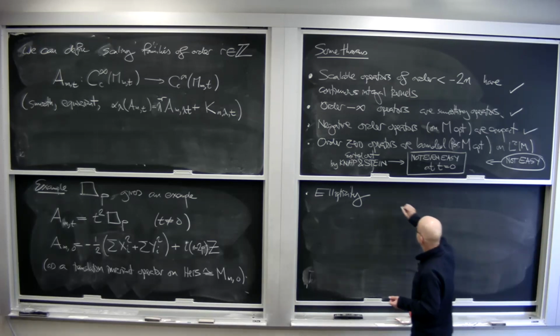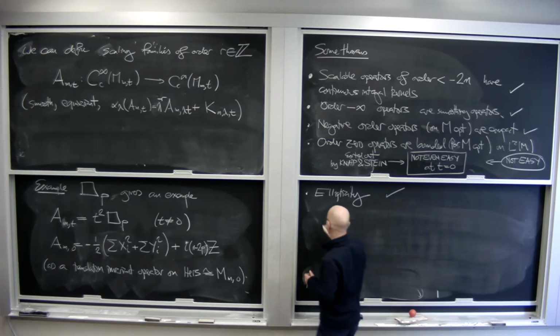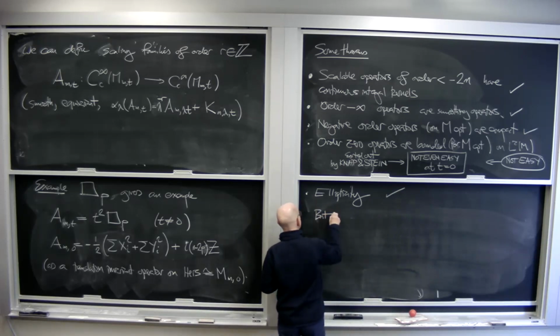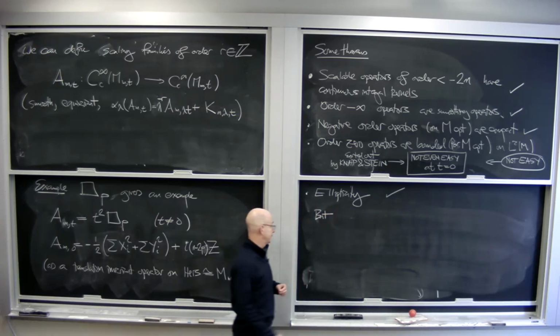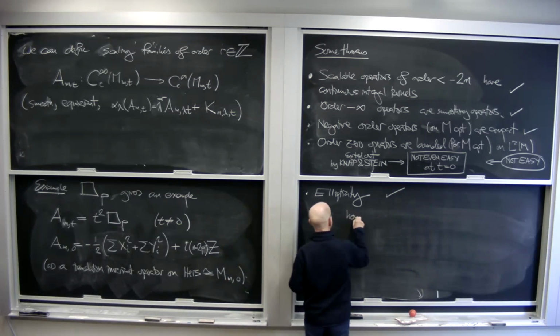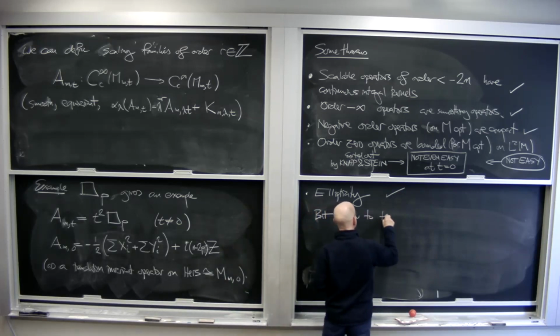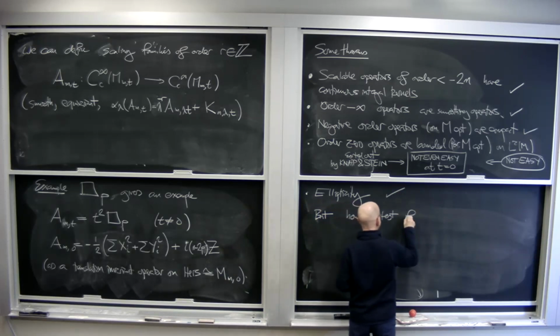So basically, this is fine, but there's an important gap here, which is it's not so obvious how to test for ellipticity.